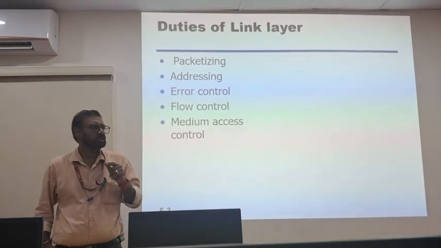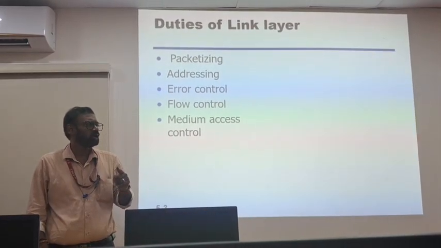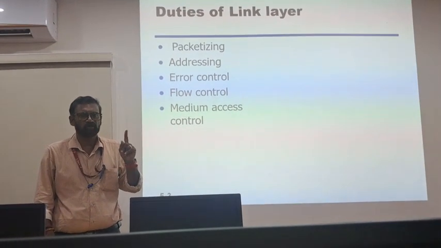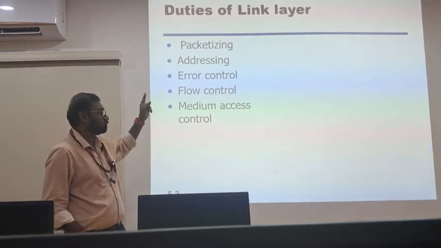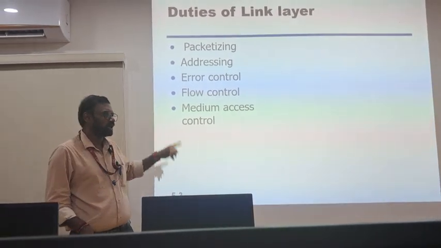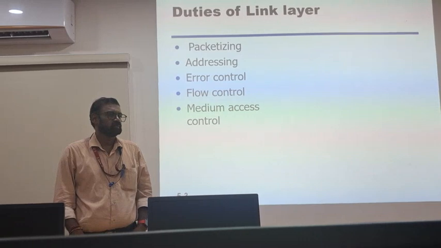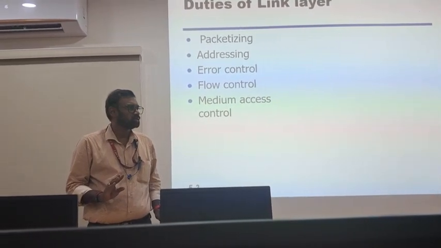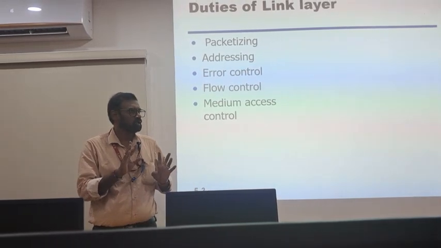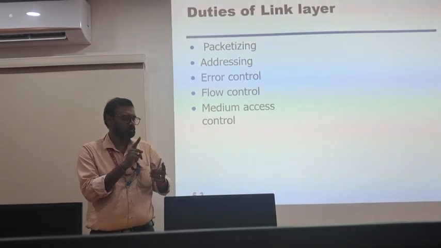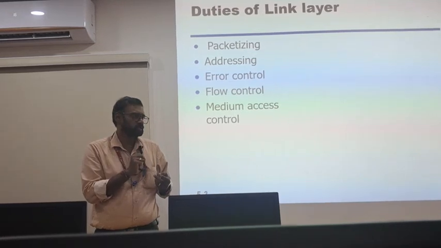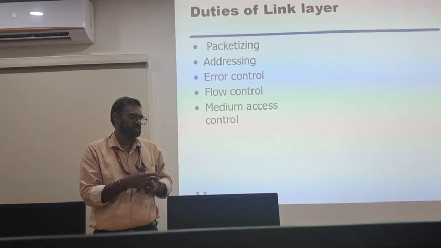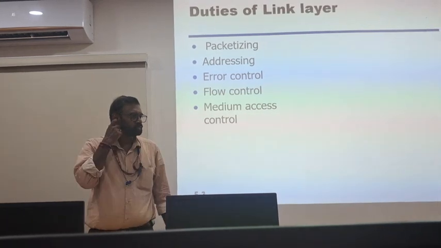You may ask, sir, the data link layer is only dealing with a single unit of data, right? Packet means a group of data. How can the second layer handle packetization? You have a single manageable unit called a frame. Similarly, a group of frames, for example frame 1, 2, 3, are added into one packet.